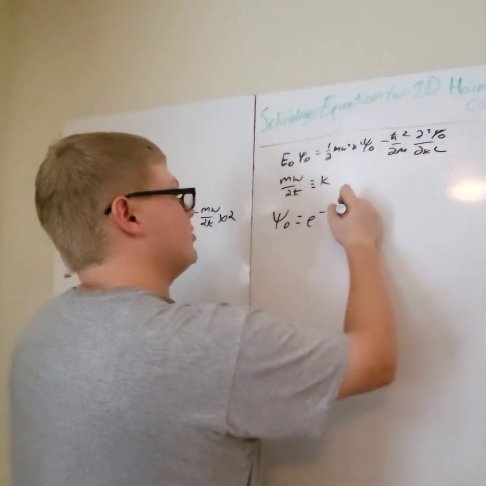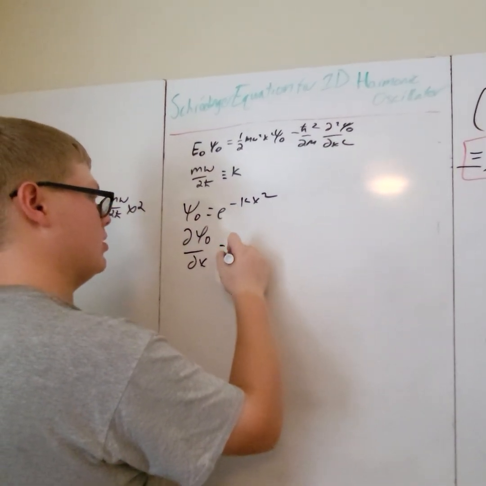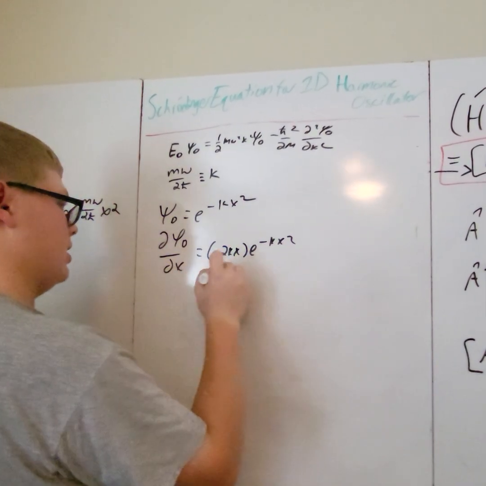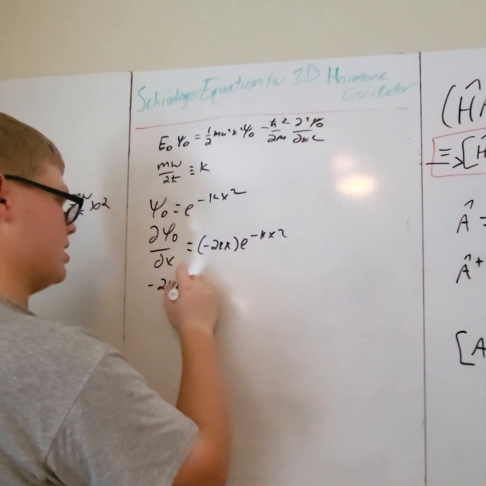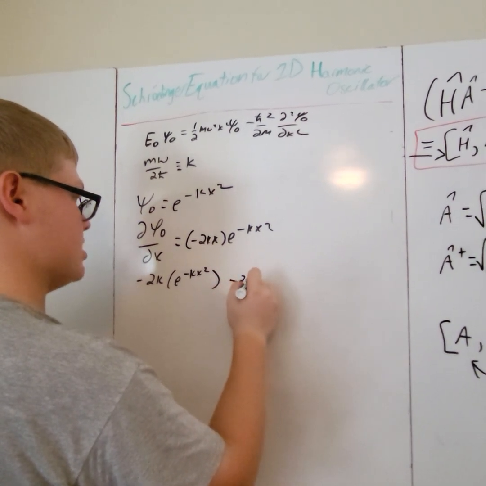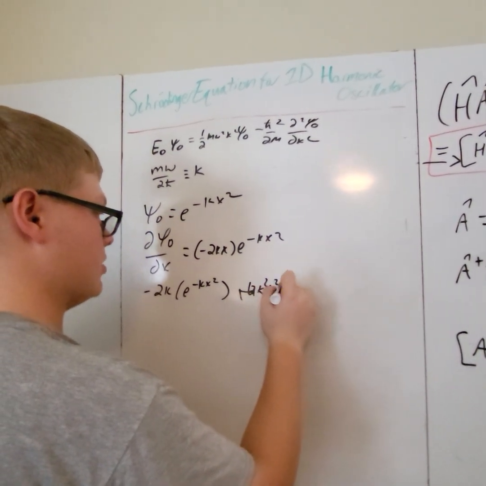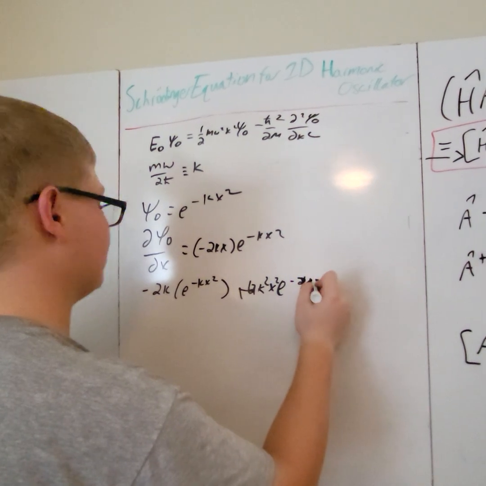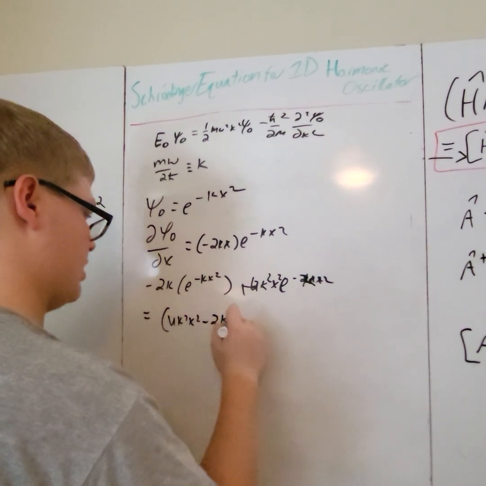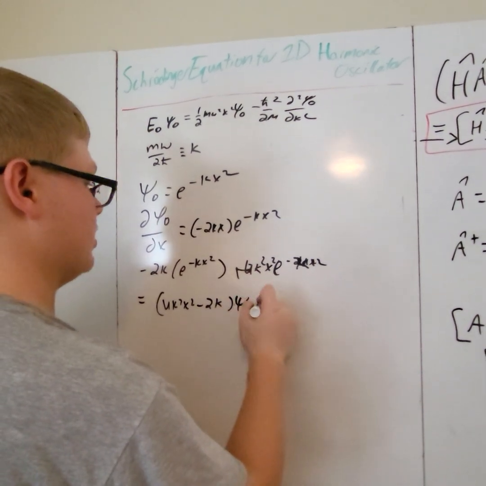The first derivative of that equals negative 2kx e to the negative kx squared, and then by the chain rule, negative 2k e to the negative kx squared plus 4k squared x squared e to the negative kx squared, which equals (4k squared x squared minus 2k) e to the negative kx squared, which is just psi sub 0 times our second derivative.